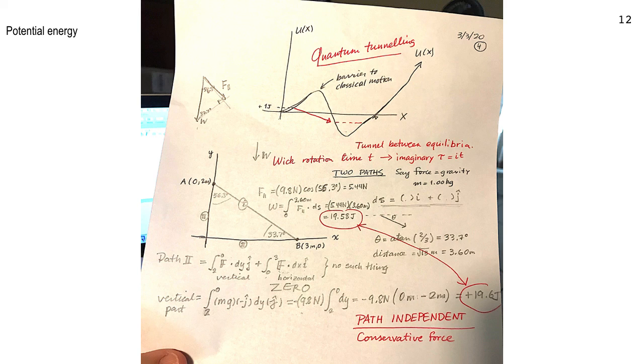If you have a path independent force like this, in this case the force of gravity, you could say it's a conservative force. Now, a non-conservative force is one where you can do the same thing, but yet not get path independence. All right, so we're going to do another example here, and this is from 8.2, or similar to 8.2.